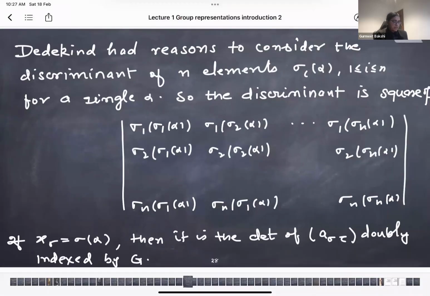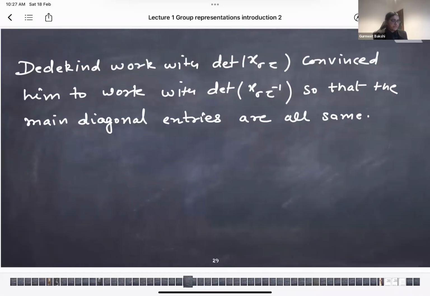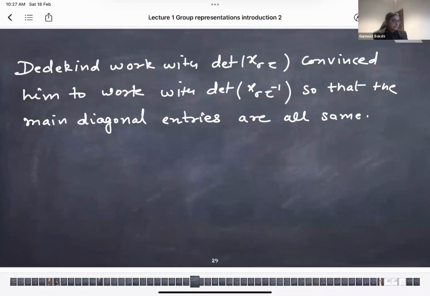If you have a group G, you look at the matrix whose first entry is x1, second entry is x12, where x12 is the variable for the product of the first and the second element of the group, and then x1n, then x21, where x21 is for the product of the second and the first element of the group. You form a matrix like this and take its determinant.